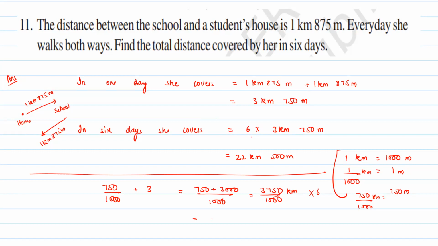If I multiply 3750 by 6, I get 22500. 22500 divided by 1000 gives 225 by 10, because the zeros will cut down. So it is 22.5, which is 22 kilometers and 500 meters.